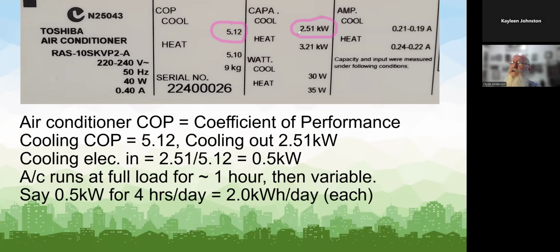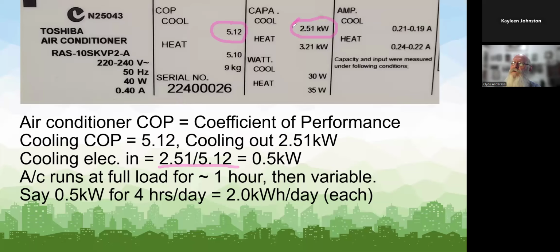So how do you calculate your energy consumption when it's running at full power? The coefficient of performance is the ratio between energy out and energy in. The coefficient of performance is 5.12, so the electricity in is the cooling out, 2.51, divided by 5.12, because we're using less electricity than the effective cooling that we're getting.